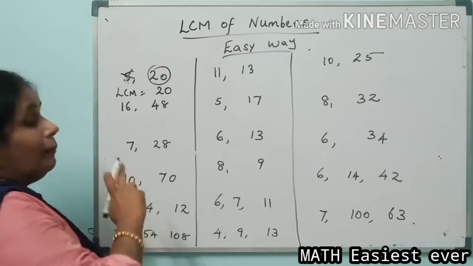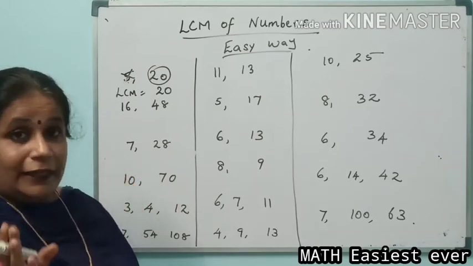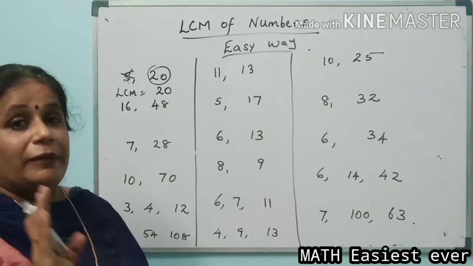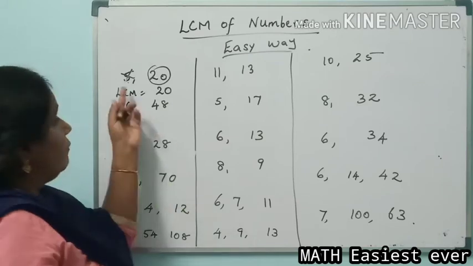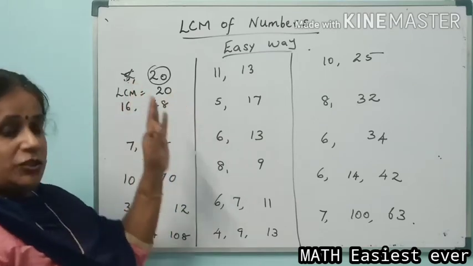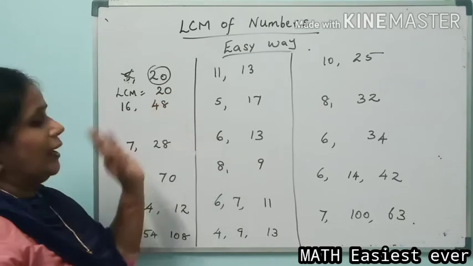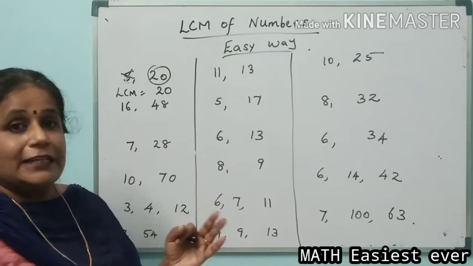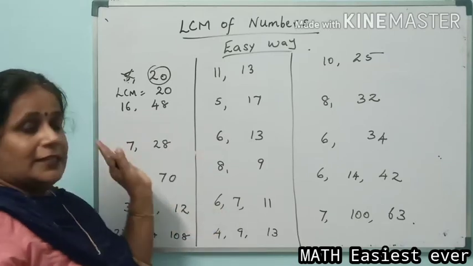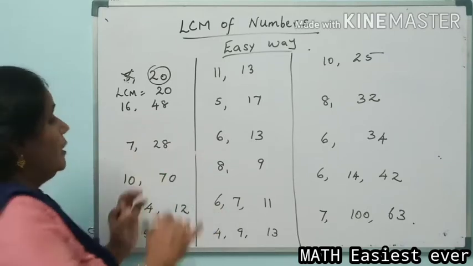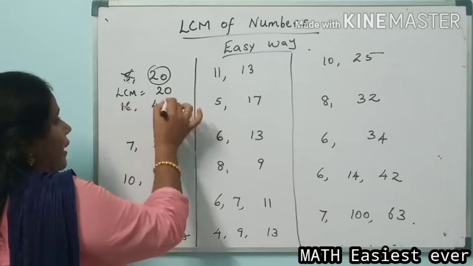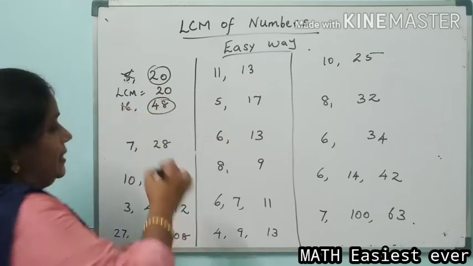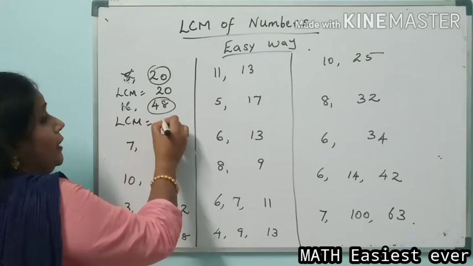We can easily say that the bigger number is the LCM. So for 5 and 20, 5 divides 20, 5 fours are 20, so LCM is 20. Now for 16 and 48, 16 threes are 48. 48 is divisible by 16, so you cut off the smaller number and the bigger number will be the LCM. You need not do the traditional way.